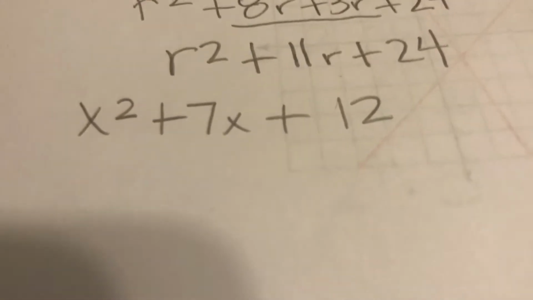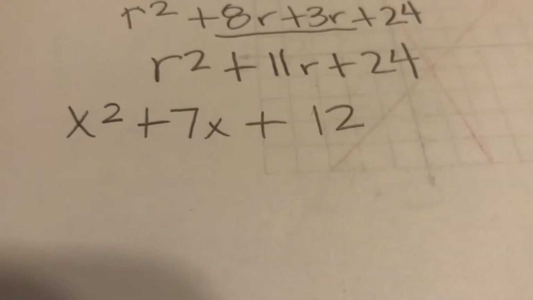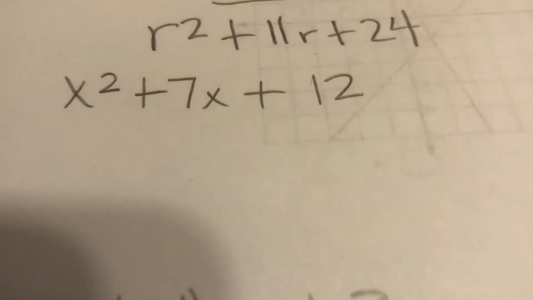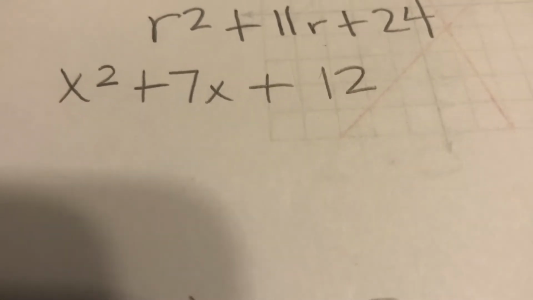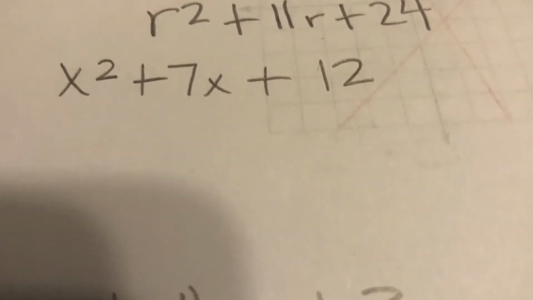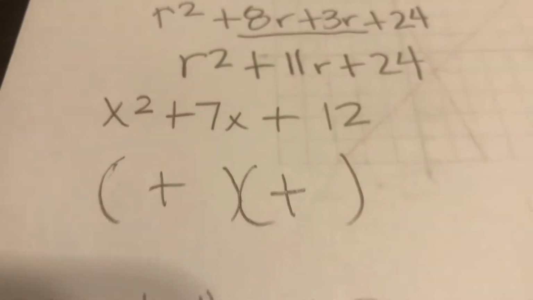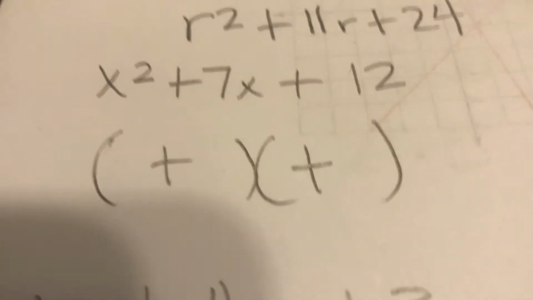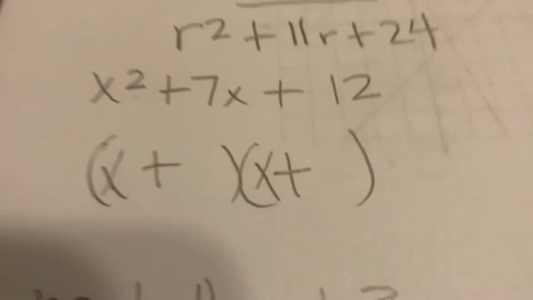Okay. On the second one, you have x squared plus 7x plus 12. There's no a coefficient. B and C are both positive. So I'm going to start off with my parentheses. And because it's a plus plus, I'm going to put plus plus in there. X squared means my first terms in my parentheses are both x's, because x times x gives me that x squared.